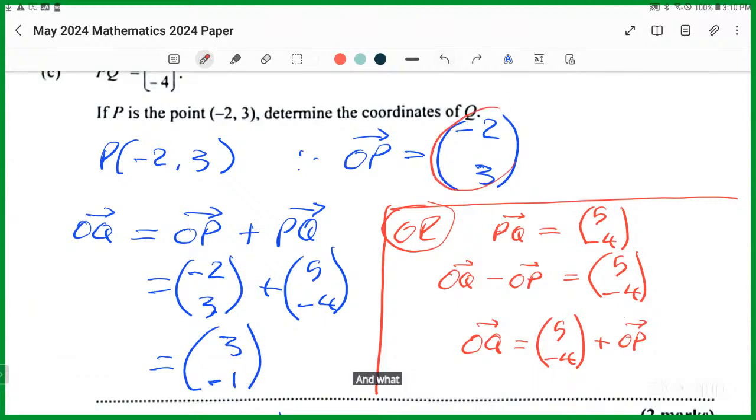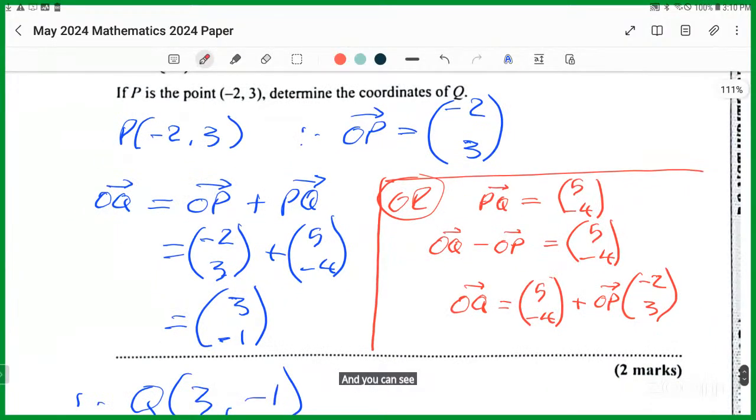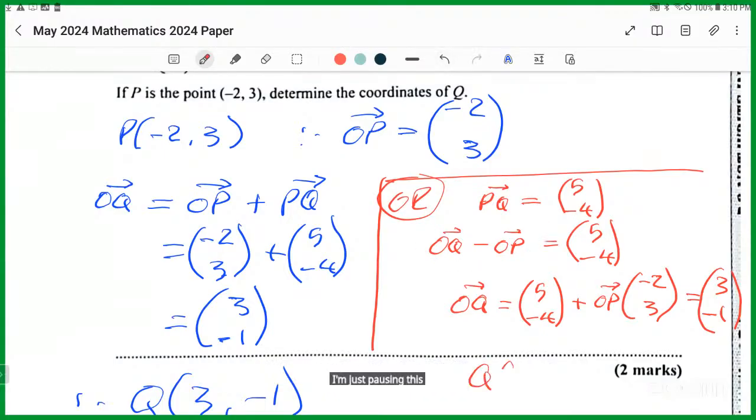OP is just (-2, 3). And you can see that you get the same result: (5 - 2, -4 + 3), which is (3, -1). So that's how we could do it by splitting the vector equation and transposing. So this way is going to give us again Q as (3, -1).